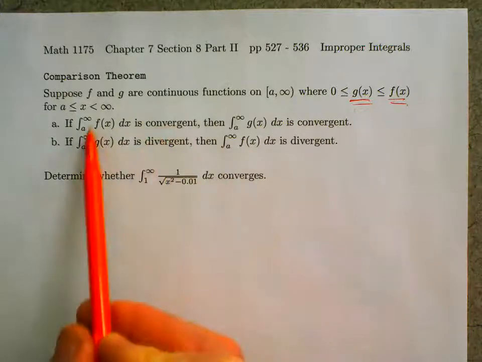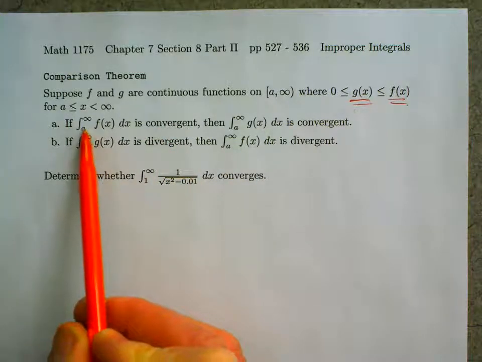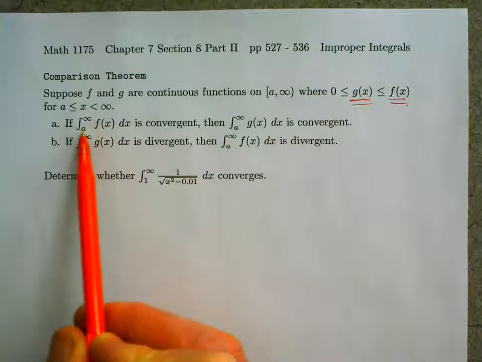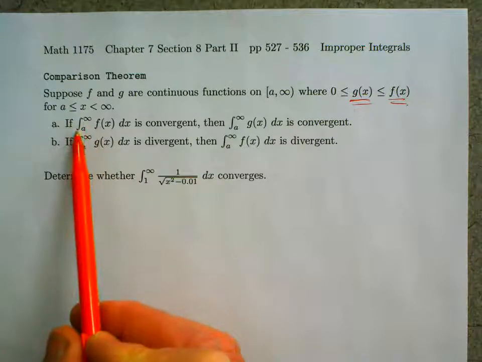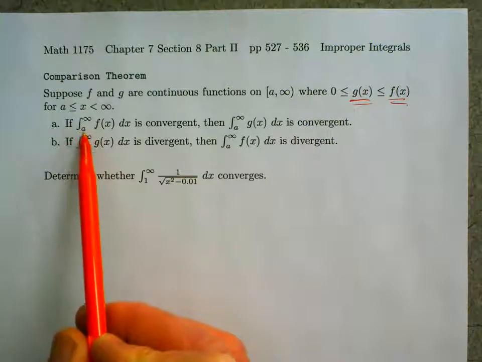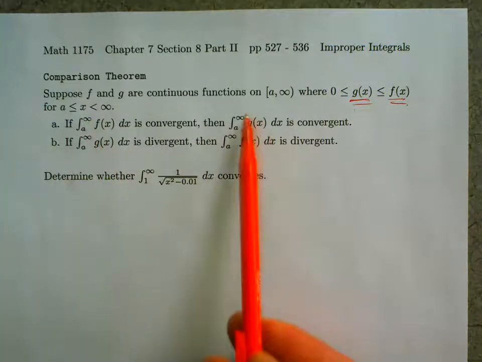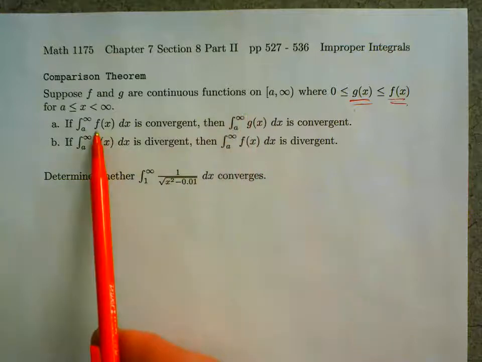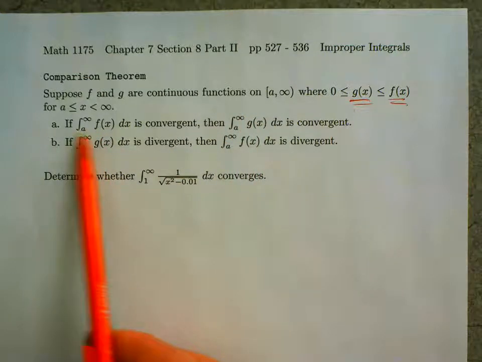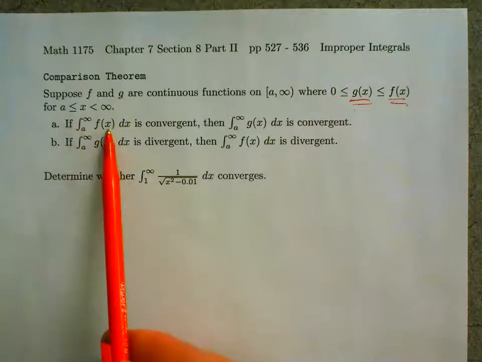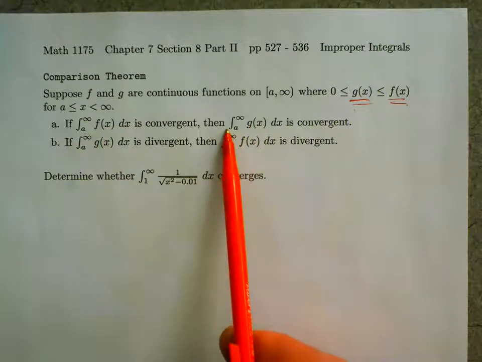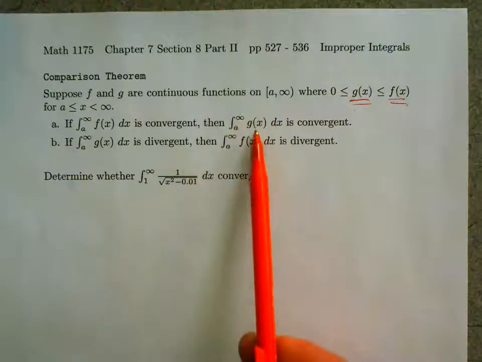So for any value of t, when you take the limit as t goes to infinity of the definite integral from a to t, for any value of t, that definite integral of f of x will be greater than or equal to the corresponding definite integral for g of x.